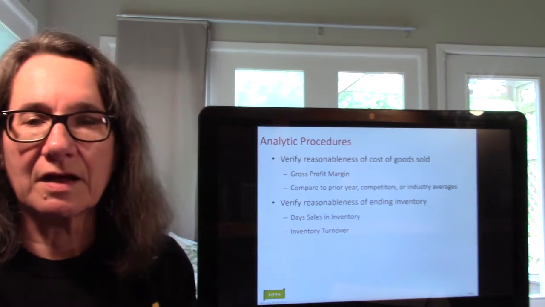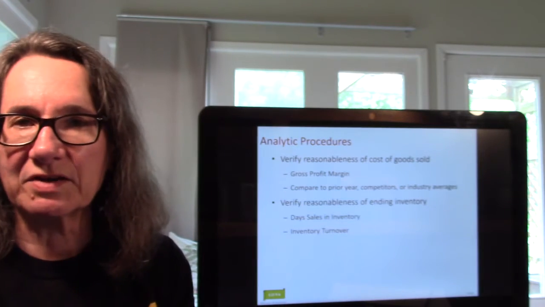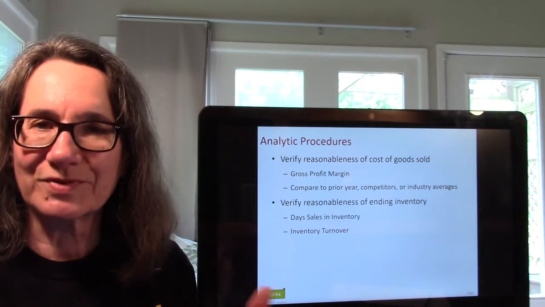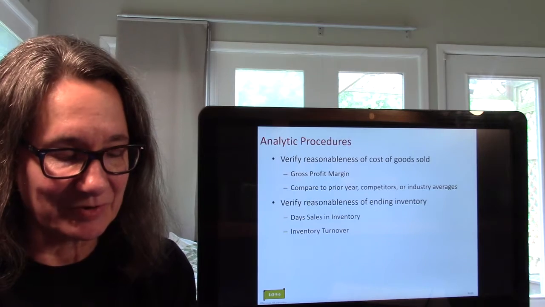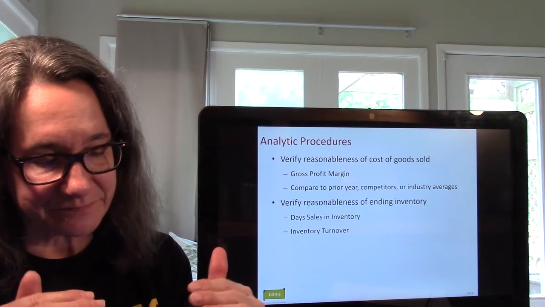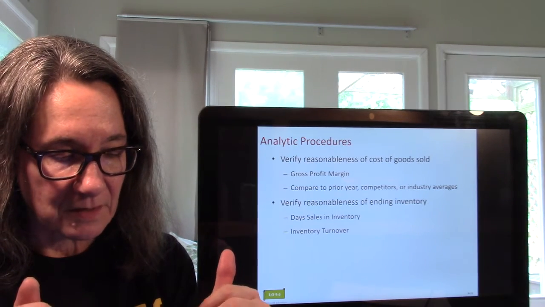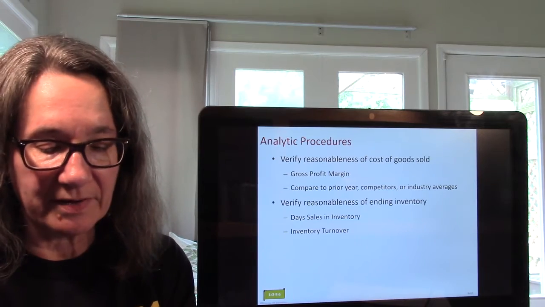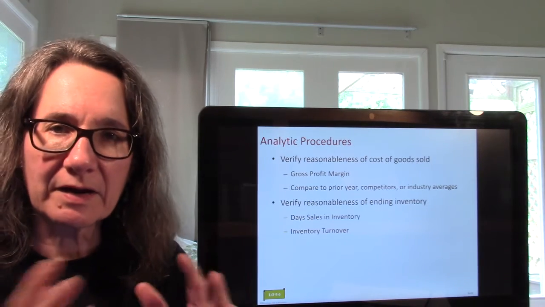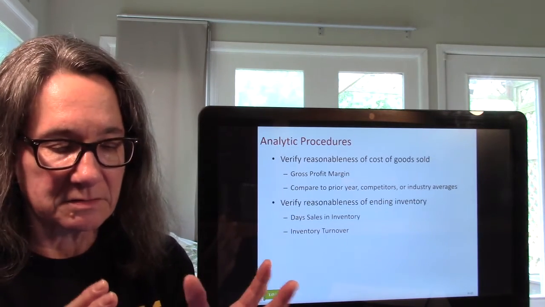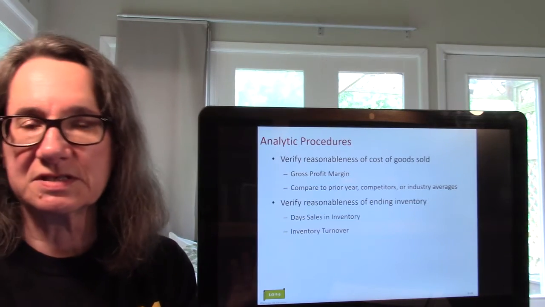Is it? You can look at that. It's a jewelry manufacturer, their gross margin should be 200%. It's very different from a grocery store. But anyway, compared to prior year, compared to competitors, you can compare their cost of goods sold and their gross margin and see if it looks about right.